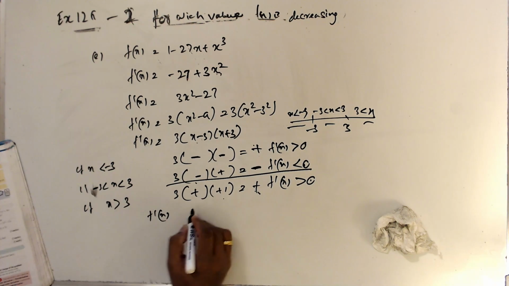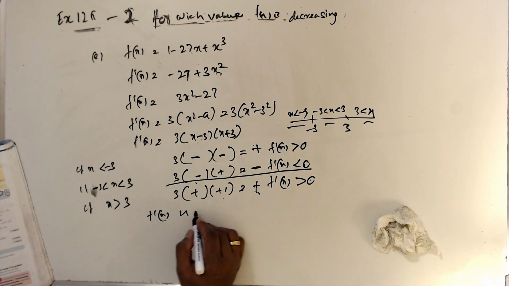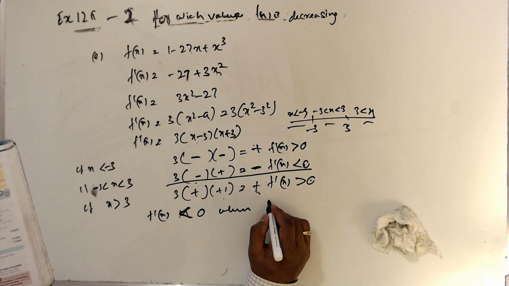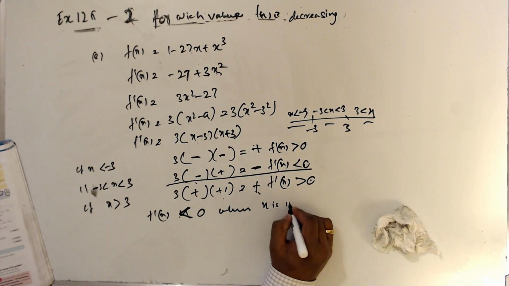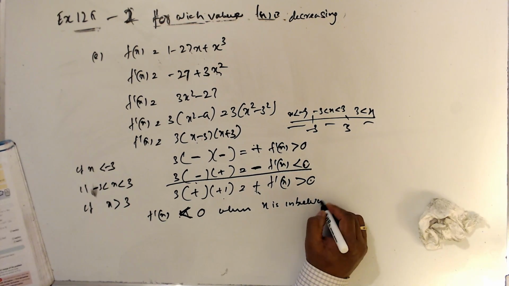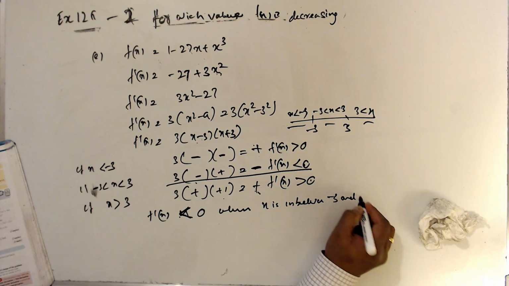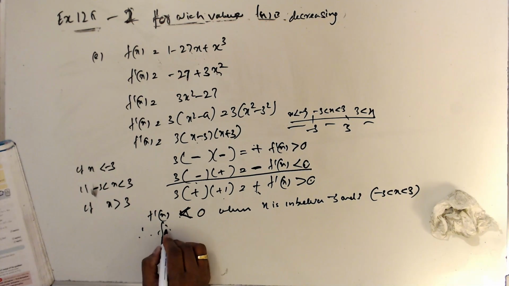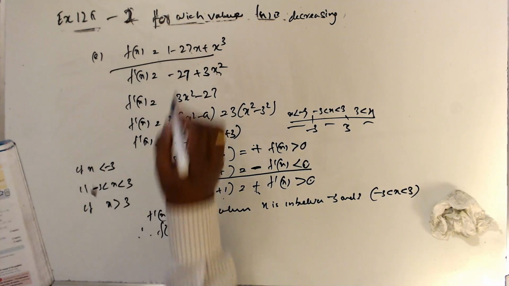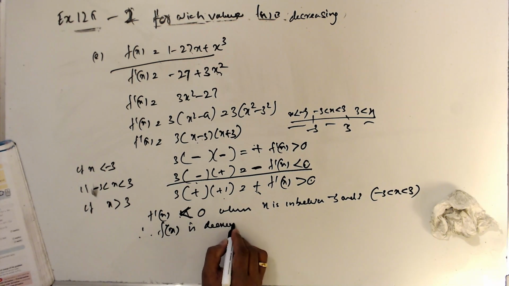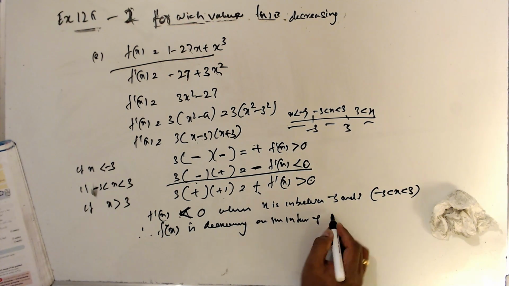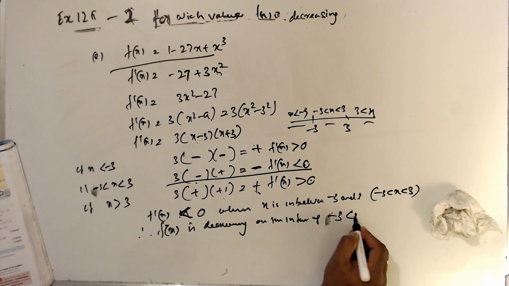F dash x is less than 0 when x is between minus 3 and plus 3, which is minus 3 less than x less than 3. Hence f(x), not f dash x, is decreasing on the interval of minus 3 less than x less than 3.